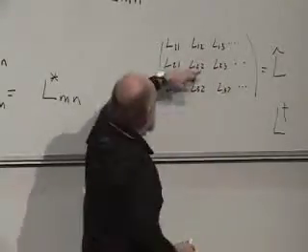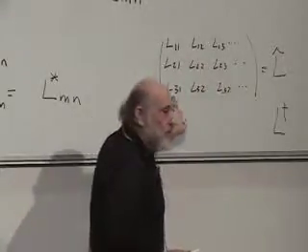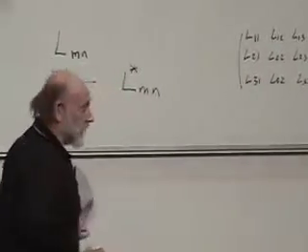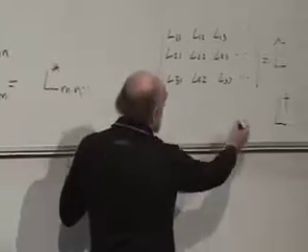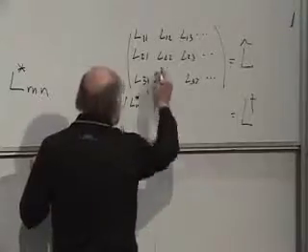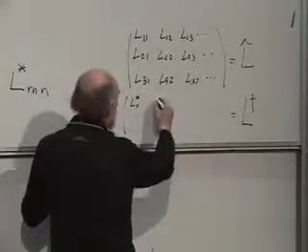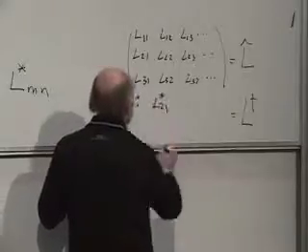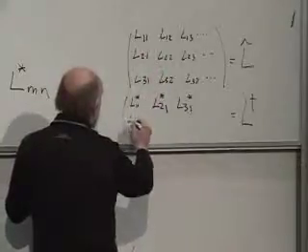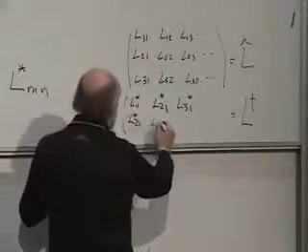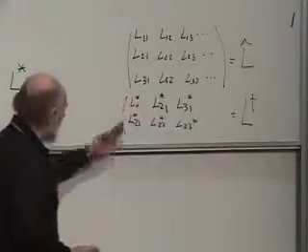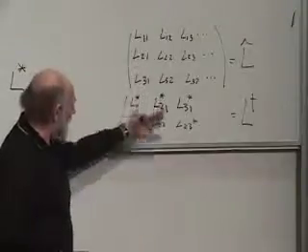Interchange L12 with L21. Interchange L31 with L13. That's reflecting it, and at the same time, complex conjugate. So the matrix elements of L dagger are L11 conjugate. But instead of putting L12 conjugate, we'll put L21 conjugate, L31 conjugate. And down here, L21 conjugate, L22 conjugate, L23 conjugate. So notice what I've done. I've interchanged the rows and the columns and complex conjugated.